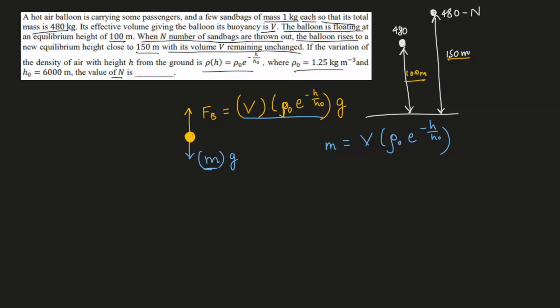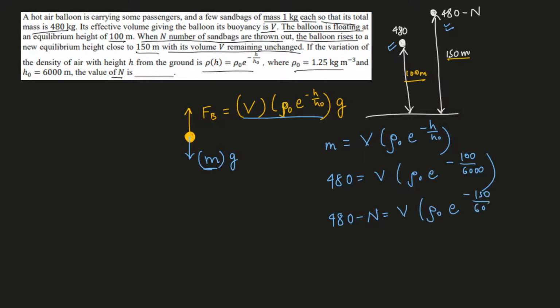We put in these two situations, first at 100 meters and second at 150 meters. At 100 meters, the mass is 480, equal to V multiplied by rho naught e to the power of minus 100 by 6,000. And then we have 480 minus n equal to V rho naught e to the power of negative 150 divided by 6,000. Now, what do we do?